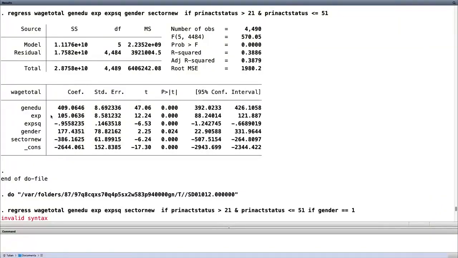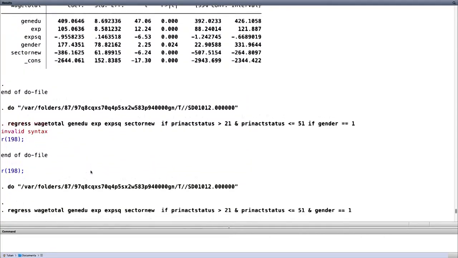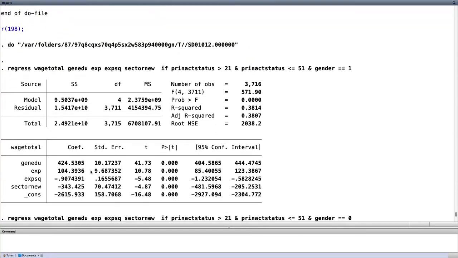So if that is true, the subsample regression should provide the coefficient for general education as 409, experience should come as 105, and experience square should come as minus 0.55. Let's see if we are getting that. And you see we are getting here 424.5, experience is 104.3, and experience square has become minus 0.9.